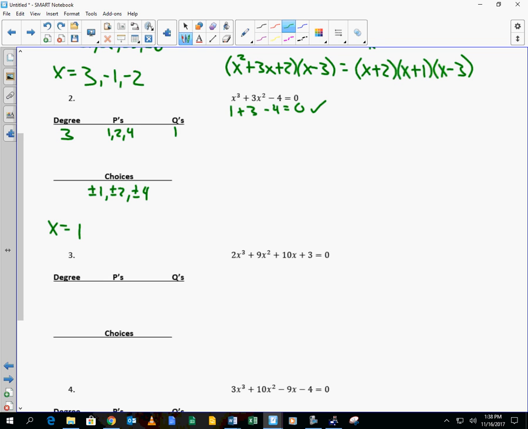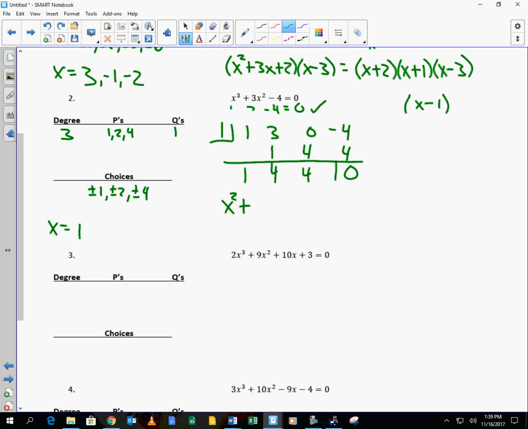All right. So if 1 works, what's a factor? So therefore, x minus 1 divides evenly into that. So let's divide it in. Whoa. 1, 1, 4, 4, 4, 4, 0.